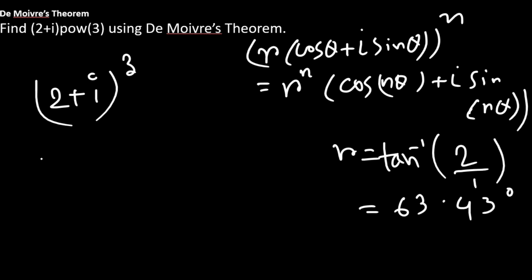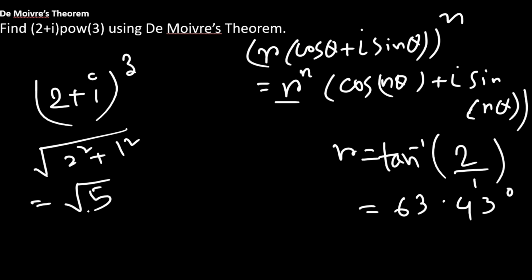Then we need to find r: root over 2 square plus 1 square equals root over 5. So it's root over 5.